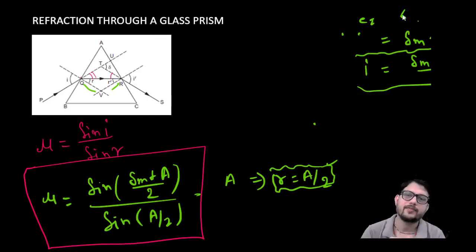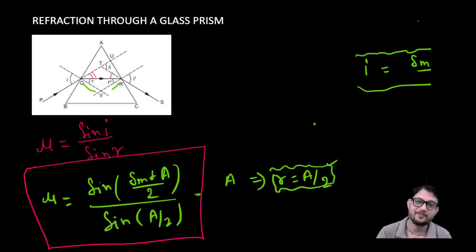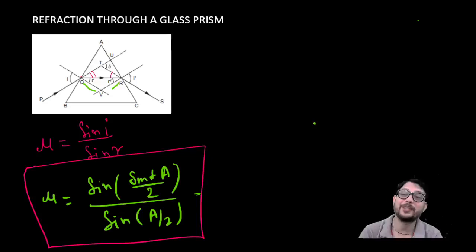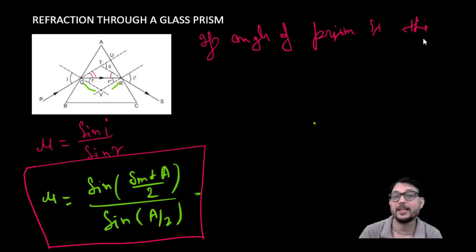Now what? There is one more condition. If it is said that the prism is thin, or the angle of prism is thin, then what should we write?